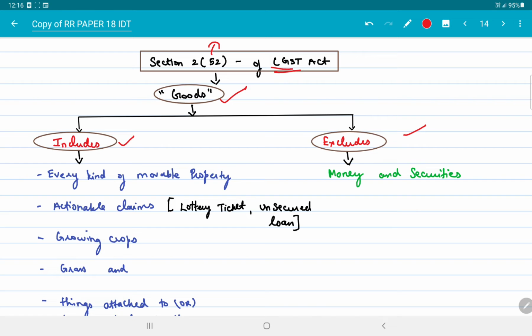Follow this flowchart. It includes every kind of movable property. Sir, whatever is movable is goods? Yes, every kind of movable property is goods. Actionable claims, that is lottery ticket or unsecured loan, such things are also included as goods.